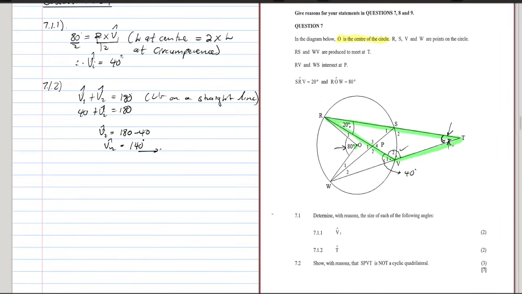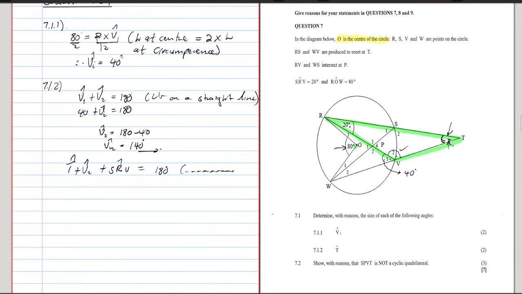So therefore we're going to say angle T plus V2 plus angle SRV, which is 20 degrees, is equal to 180 degrees.